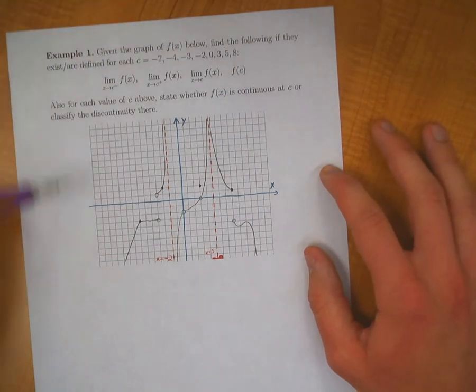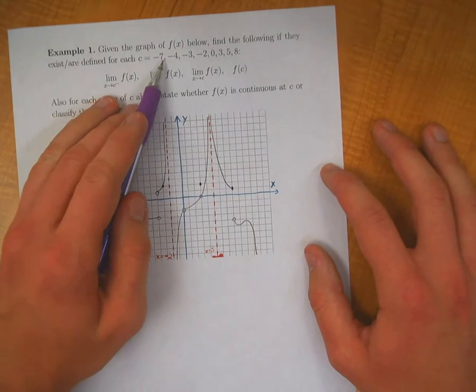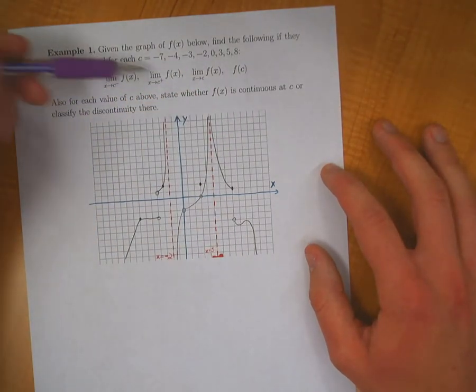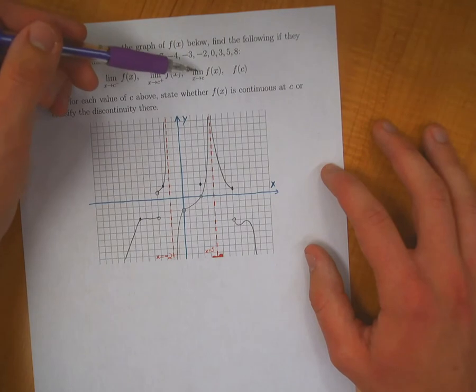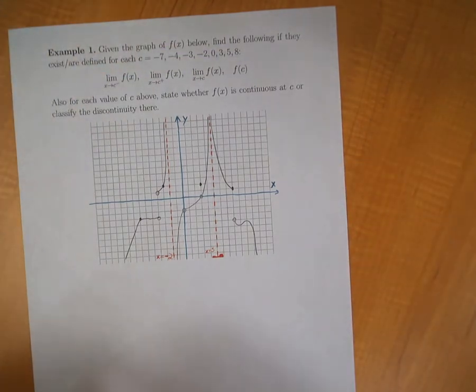Find the following if they exist or are defined for each of these 8 values of c here. So we need to find the one-sided limits, the general two-sided limits, and then the function value. And then once we have those, state whether f of x is continuous at c or classify the discontinuity there.